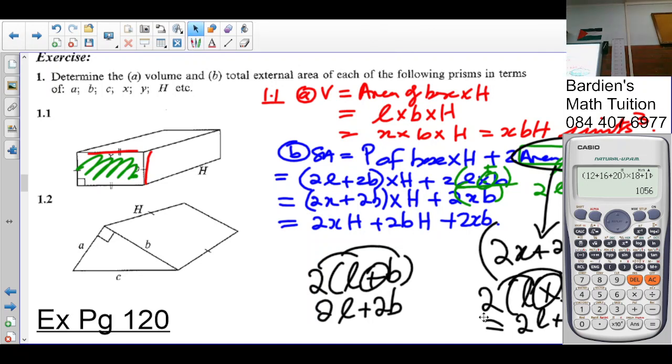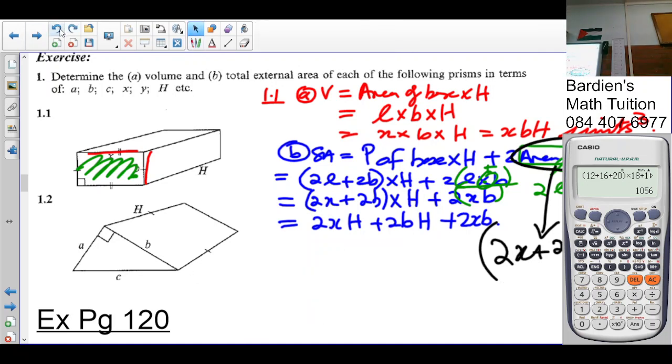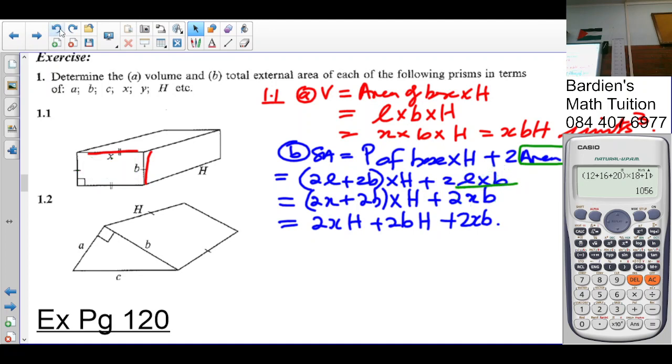Because, let's look at it again. Looking here. This is perimeter of base times height plus twice area of base. Area of the base. What type of shape is this base? Rectangular base. How do you calculate the area of a rectangle?